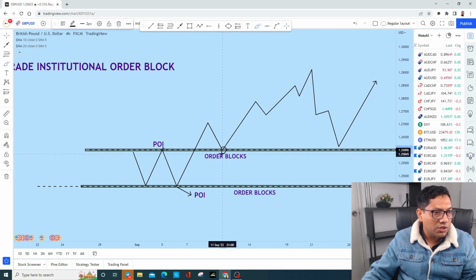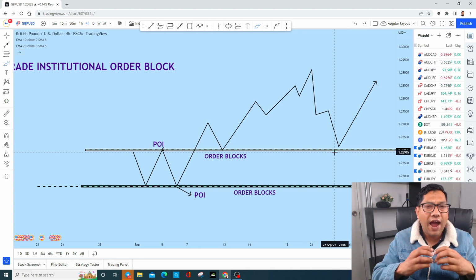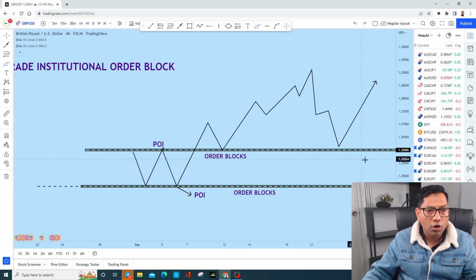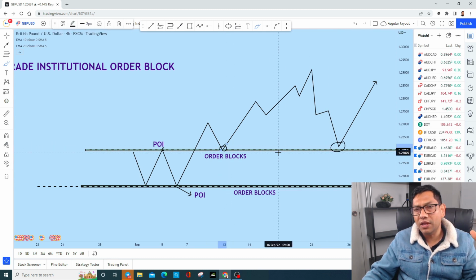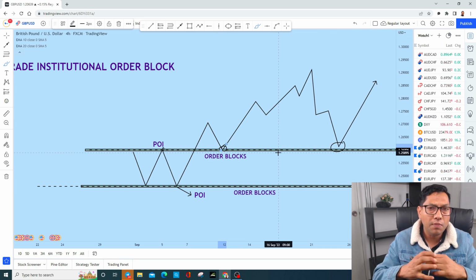The price came to the same level, created another point of interest, respected this level, and then started to go up again, creating this one as a strong order block or point of interest. And once you can identify this order block, this point of interest, that is where you can catch a high probability trade setup.